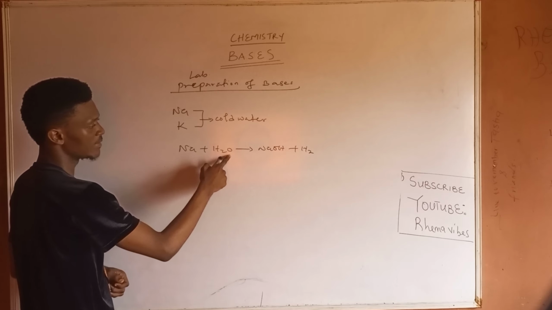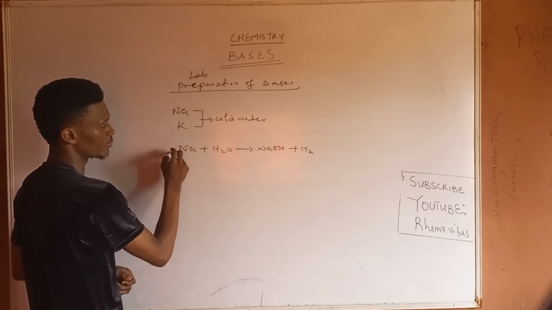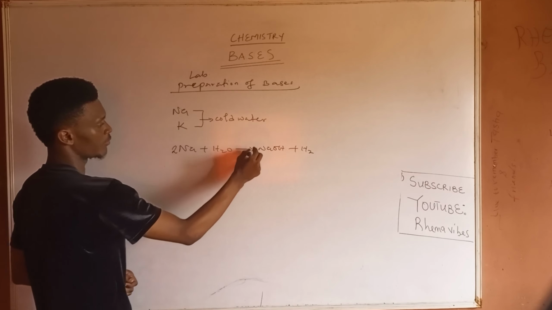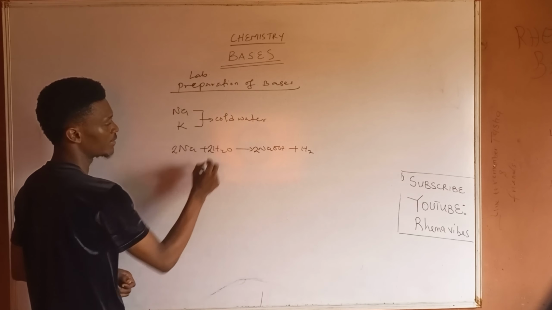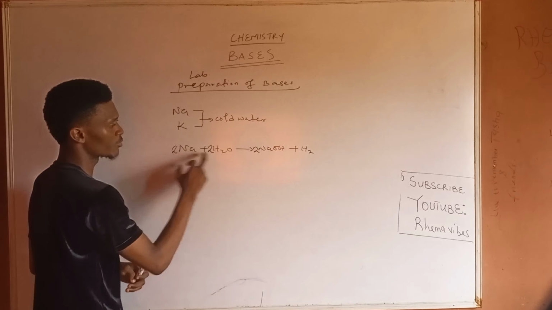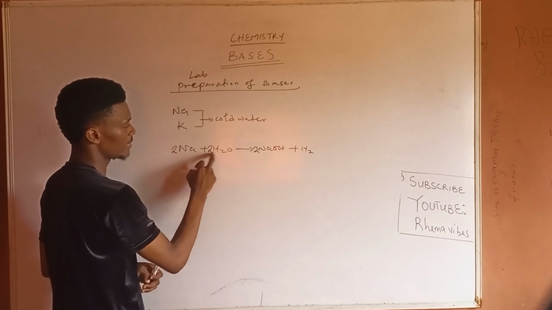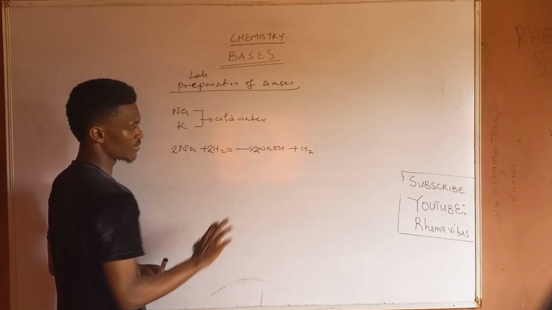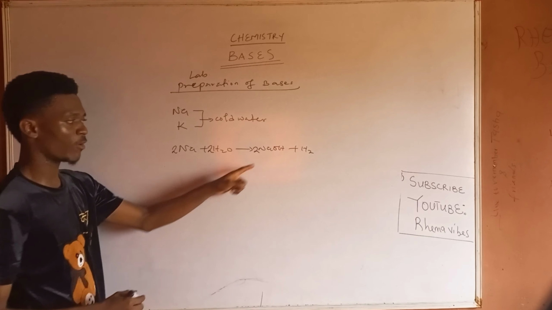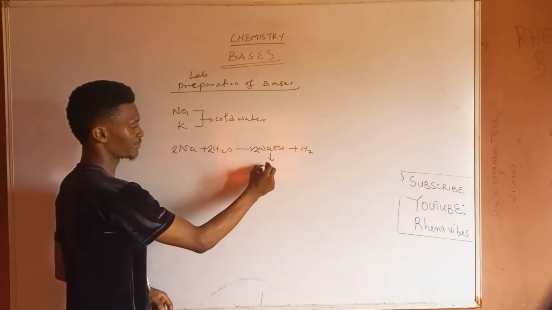So if we must balance this, we can make this 2. If we make here 2, then this is 4 hydrogens, so we'll make here 2. So this is 2 sodium, 4 hydrogens, and 2 oxygen, so everything is balanced. So we have obtained a base.